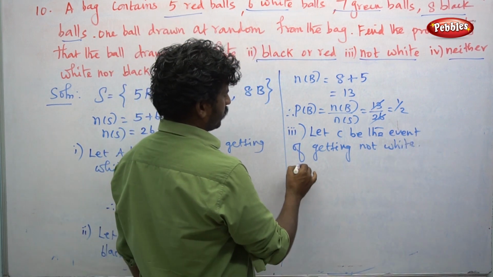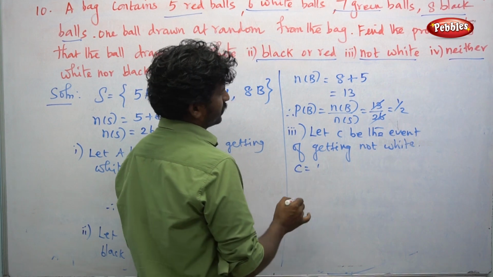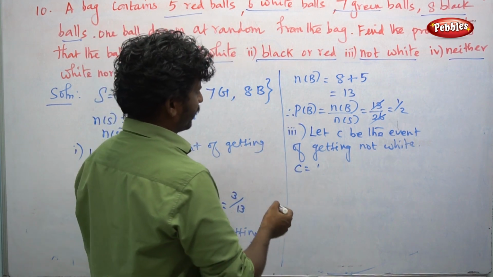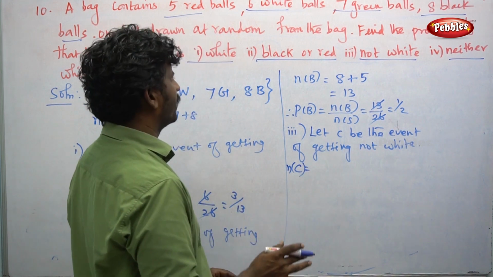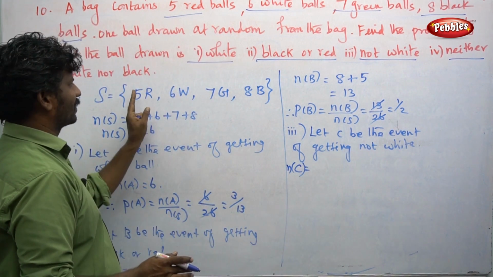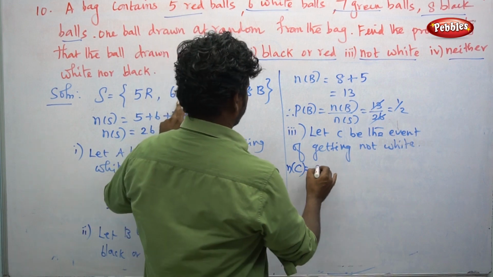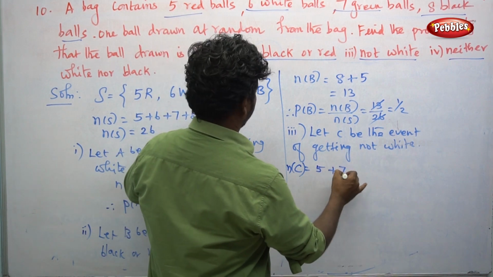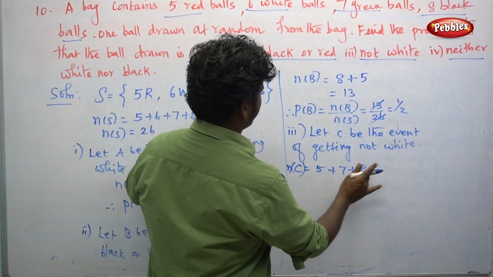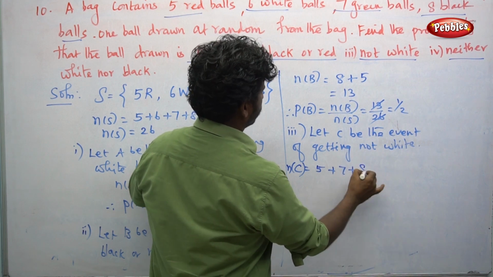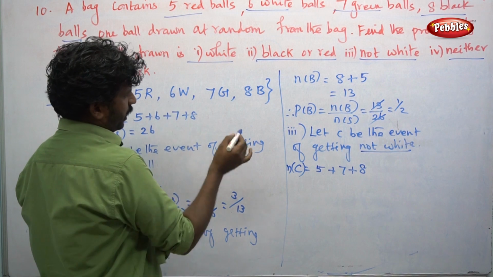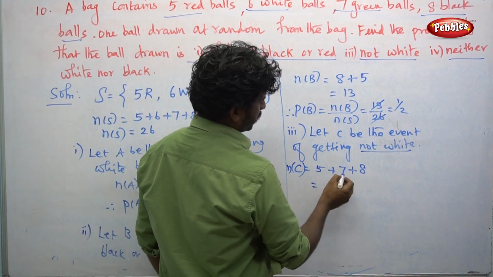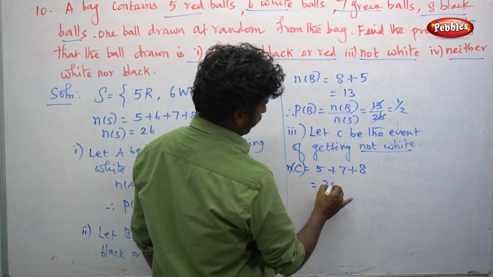So the C is equal to, right, which means இங்கே செட்டெல்லாம் எழுத முடியாது இல்லையா, டேரெக்டாக நம்பர் ஆஃப் பால்ஸ் தான். ஸோ n of C is equal to, ஸோ நாட் ஒயிட்னா ஒயிட் மட்டும் வரக்கூடாது, மற்ற நம்பர்ஸ்லாம் ஆட் பண்ணிக்கணும் இல்லையா. ஸோ த 5 + 7 + B, I mean 8 black ball. ஸோ நாட் ஒயிட்னா ஒயிட்டை மட்டும் அவாய்ட் பண்ணிட்டோம், ரைட்? மற்றதெல்லாம் ஆட் பண்ணால் எவ்வளோ பாருங்கள், 5 + 7 12, 12 + 8 20.